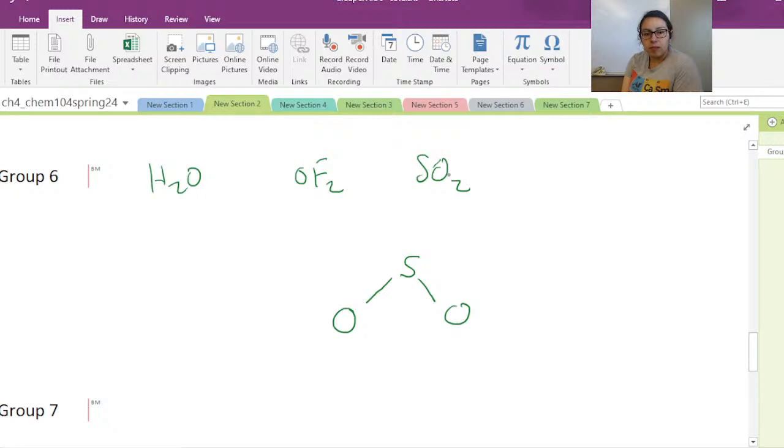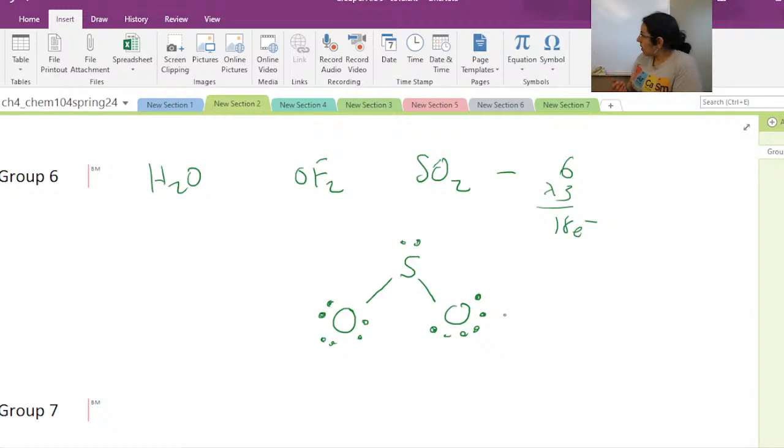Isn't there 2 dots on top of the S though for the bonded pair? That's what I'm trying to figure out still. So let's see. We have 6 times 3 is 18 electrons. So 1, 2, 3, 4, 5, 6, and then the dots around the oxygen, 7, 8, 9, 10, 11, 12, 13, 14, 15, 16, 17, 18. And so this looks somewhat okay.